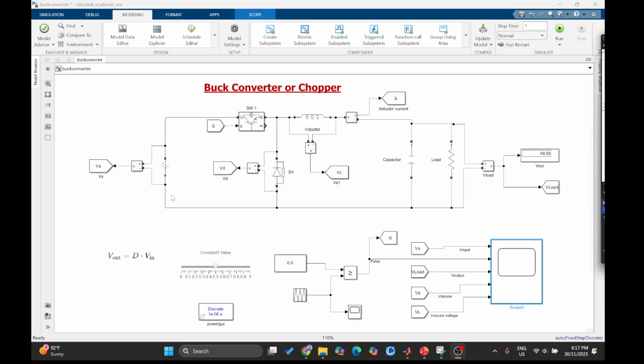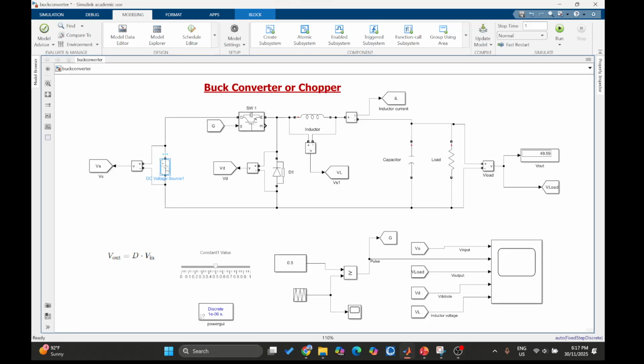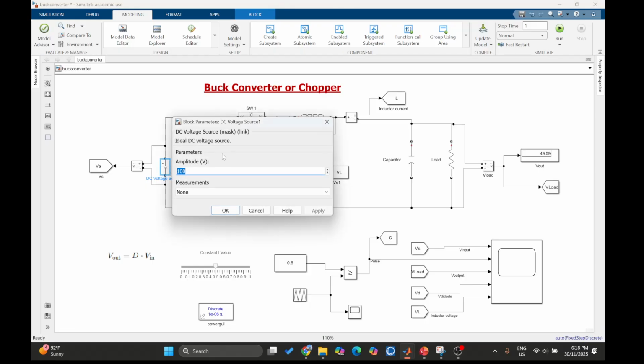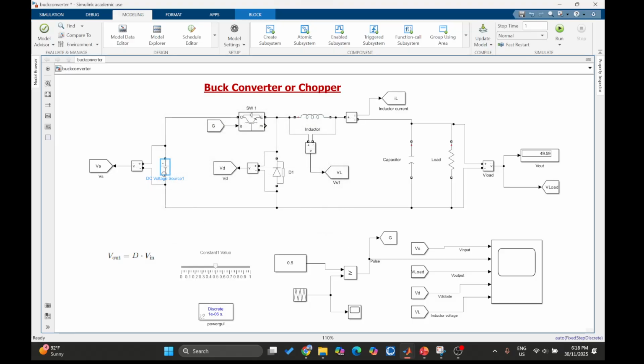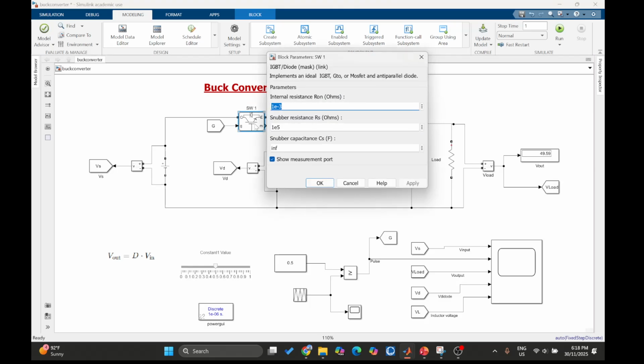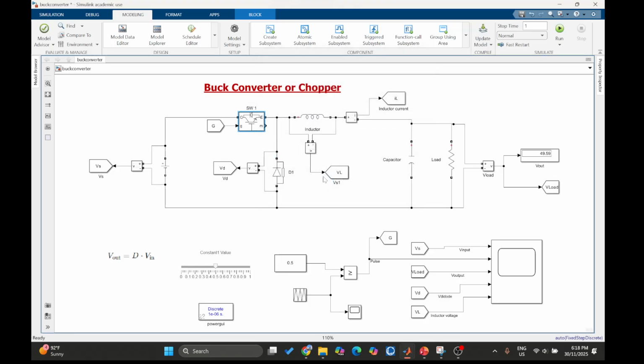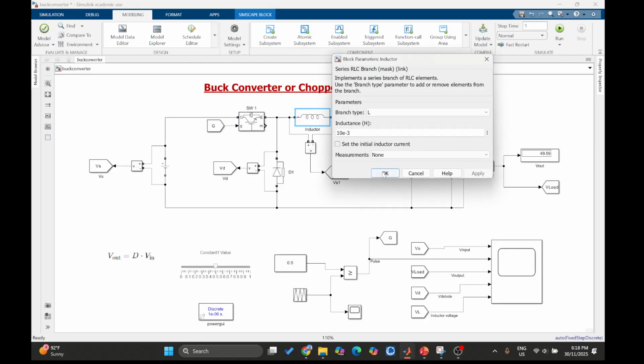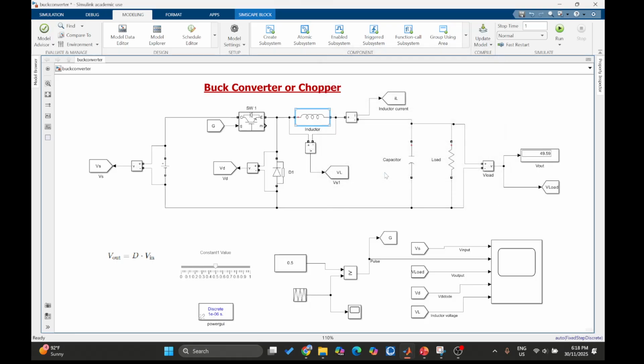Before explaining that, I would like to explain what components are used in the buck converter. Firstly, you will see a DC voltage source. I'm using a battery of 100 volt and a switch, usually an IGBT or a MOSFET. And the inductor is the key component here. I am using an inductor of 10 microhenry.